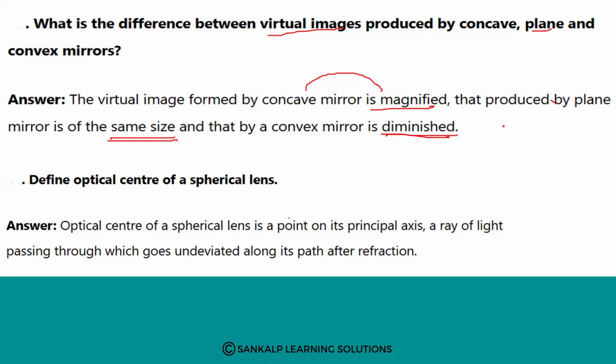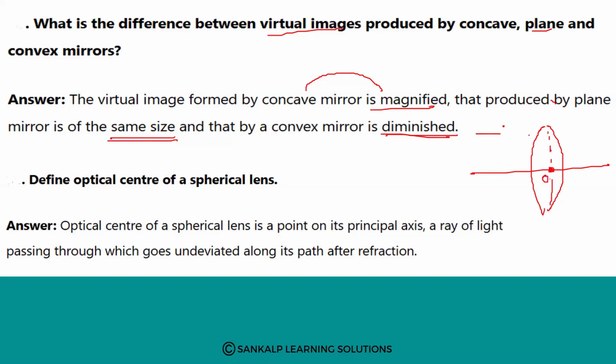Define optical center of a spherical lens. Answer: optical center of a spherical lens is a point on its principal axis, a ray of light passing through which goes undeviated along its path after refraction. Okay, what do you mean by optic center? See, this is a convex lens, this is the principal axis and this is the optic center.